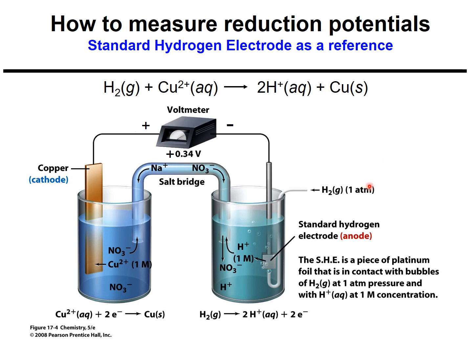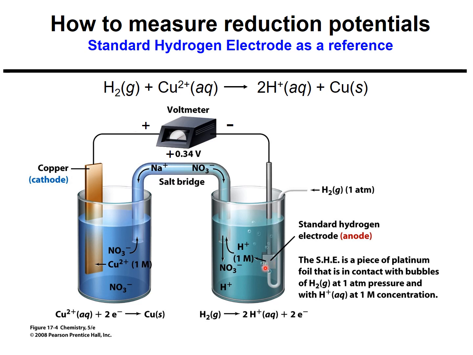The pressure is 1 atm. So this is a kind of standard state. Hydrogen introduced onto the surface of the electrode is converted to proton via oxidation. The electrode is platinum.